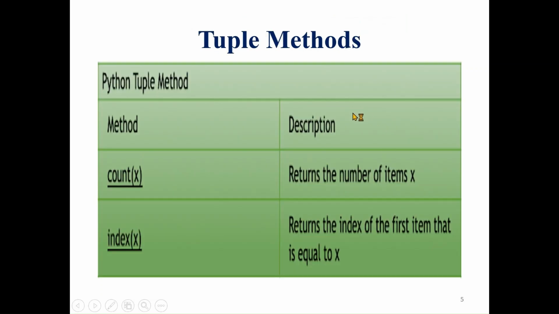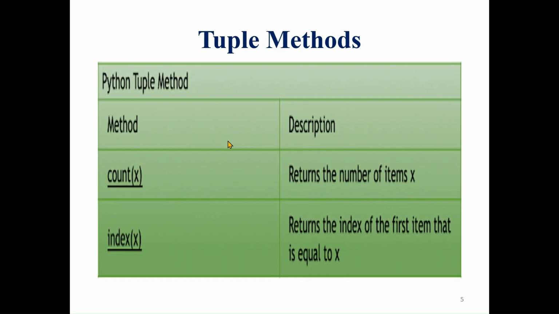Now, what are the methods available in Python? We have two methods. One is count of x. The description says it returns the number of items x. Suppose you have a tuple with some numbers, and 5 is repeated 3 times, and on the whole you have 10 elements.